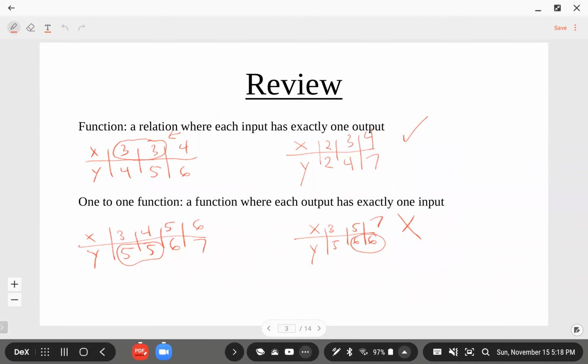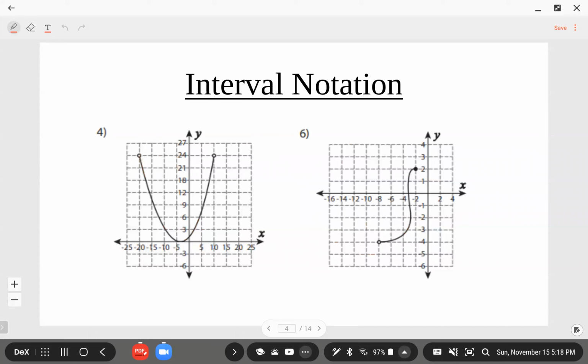Because if you have one x value that corresponds to 2 y values, then a vertical line will definitely pass through those 2 points. Now, there's something even more restrictive than the vertical line test, and that will be the horizontal line test.